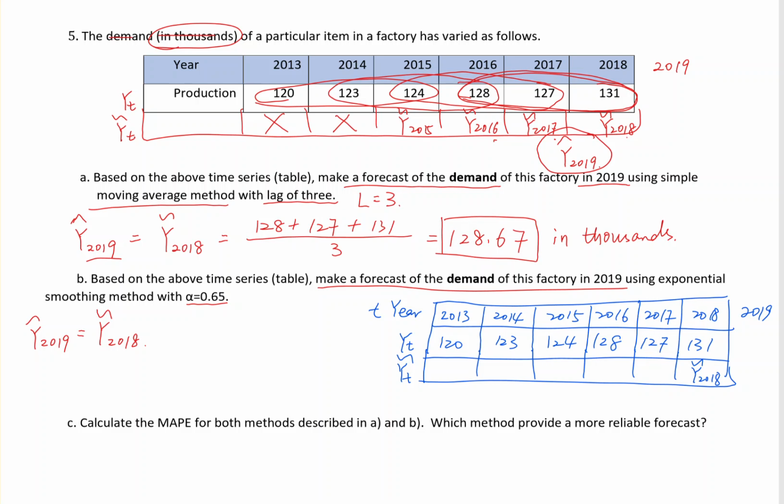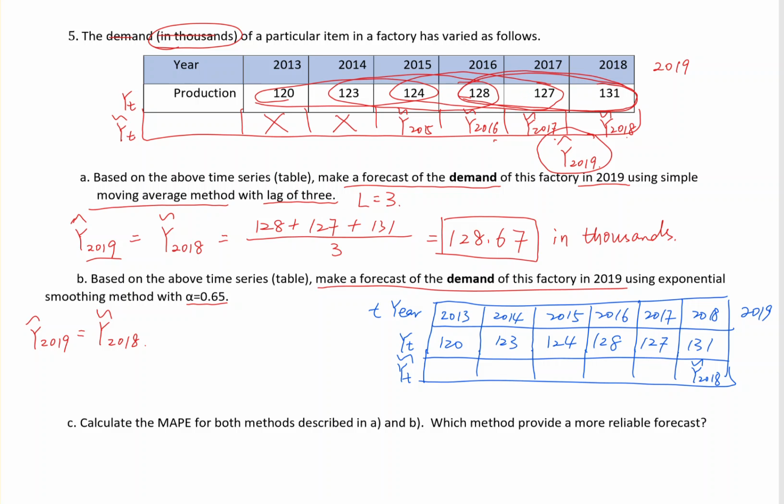Okay, but remember what is the difference between the simple moving average method and the exponential smoothing method? For the simple moving average method, the prediction only depends on the previous three of them to get the average. That's all. These three don't depend on the previous estimated value.